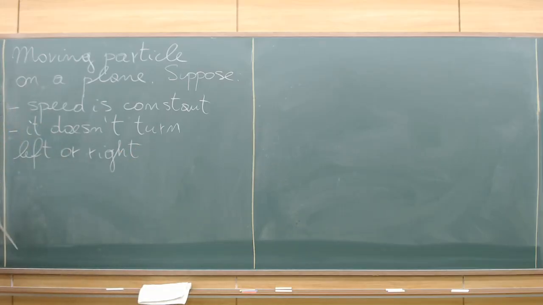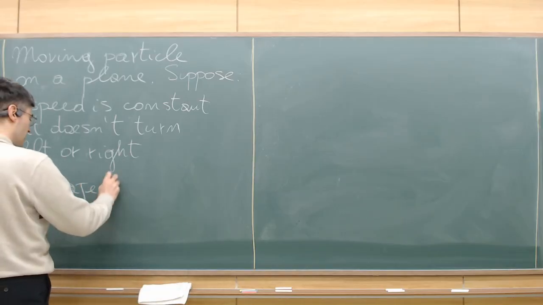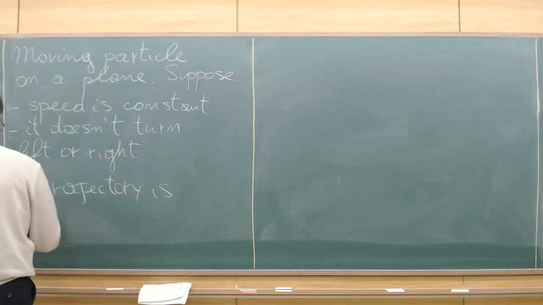Then it is clear, at least from an intuitive point of view, that the trajectory is a straight line.